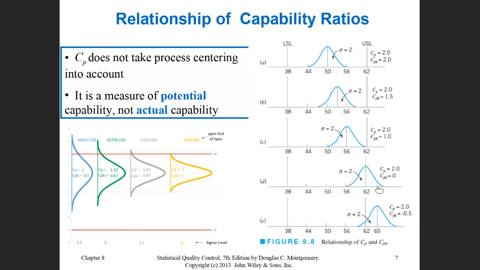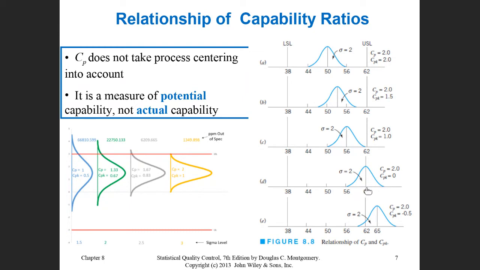You have a nice variability. That means your variability is not high, but our centering is away from the center line of the specification, because the center line is here at 50, and here the process is centered at around 60. So it is off-center, even though the variability is low.